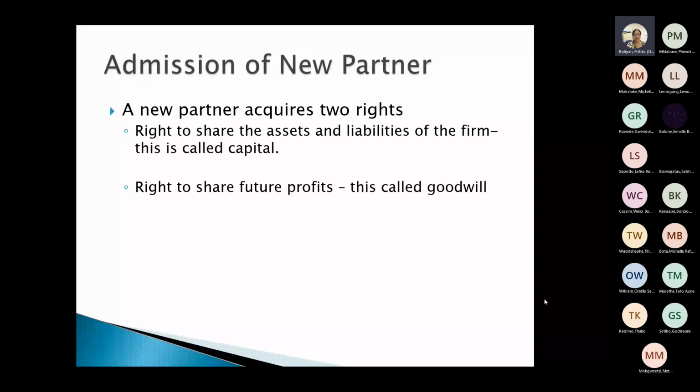He can share the capital of the business, which he provided either as cash or in the form of assets. And second, the new partner also has a right to share the profit in future. This is called goodwill. Because the business was already established and running for some time in the industry, he also has the right to share the profit made by the business in future.